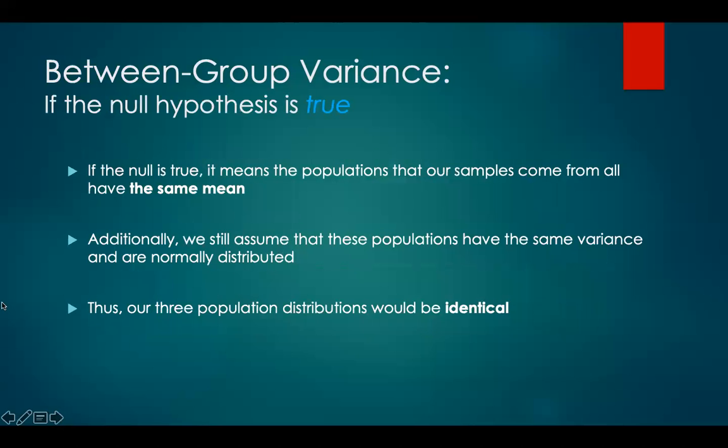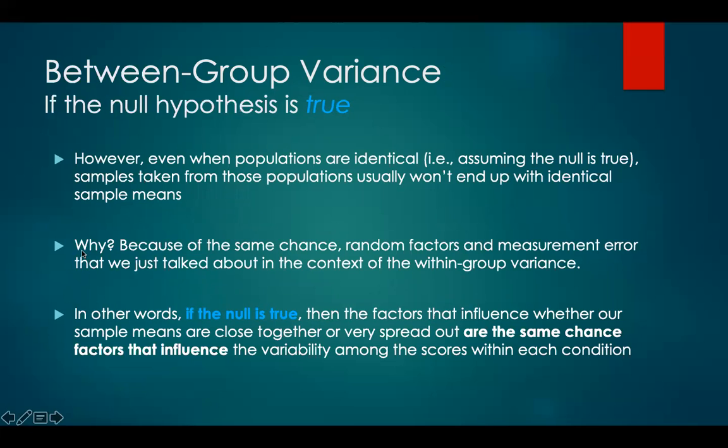So if the null is true, it means that the populations that our samples come from all have the same mean. Additionally, we still assume that these populations have the same variance and are normally distributed. Thus, our three population distributions would be identical.